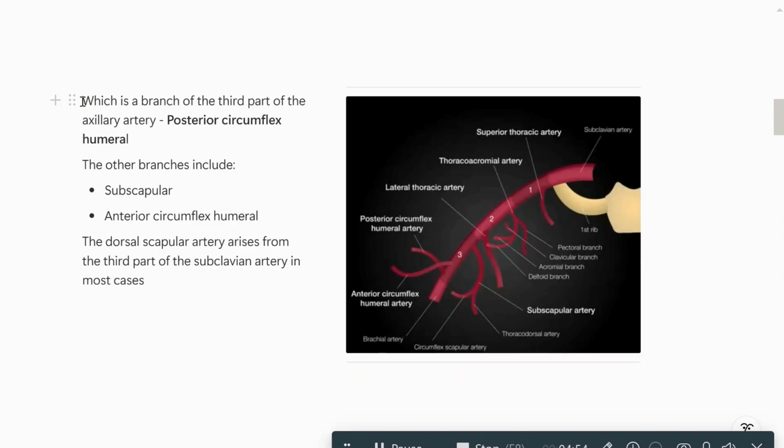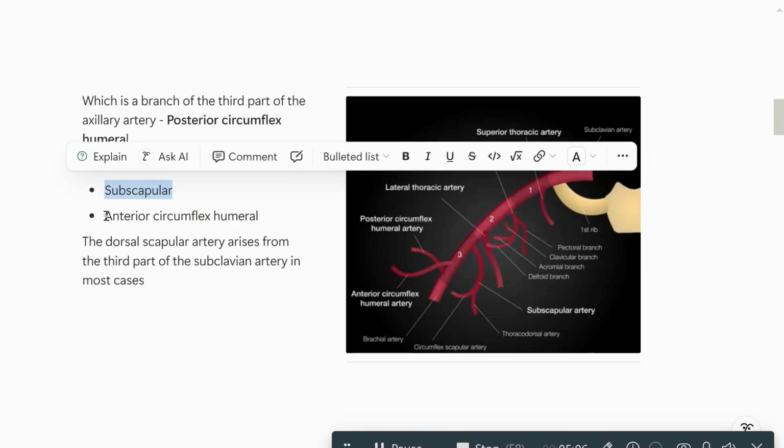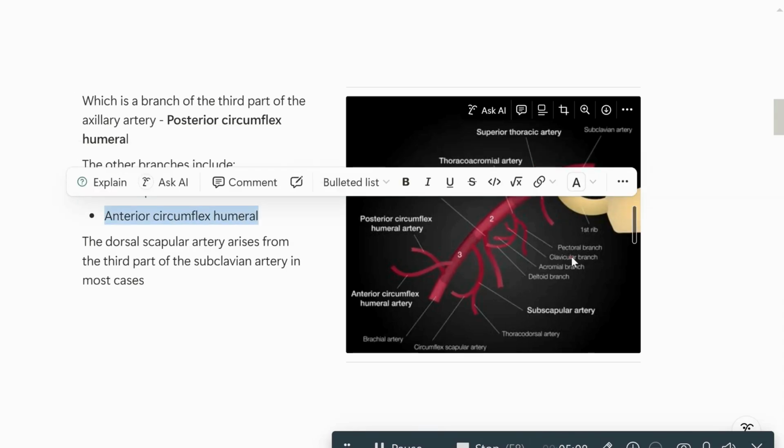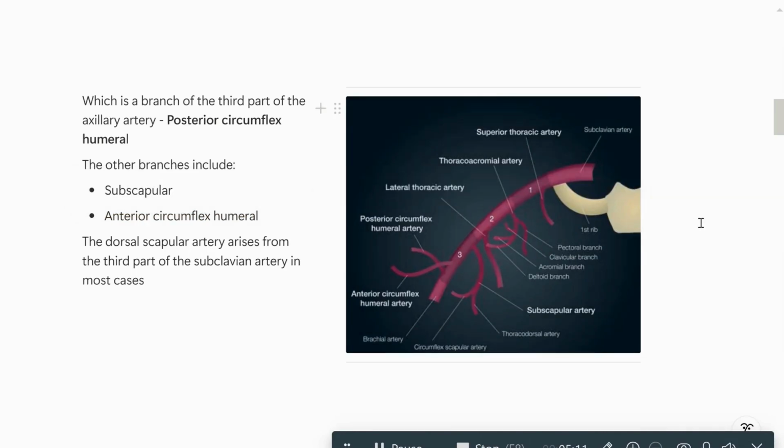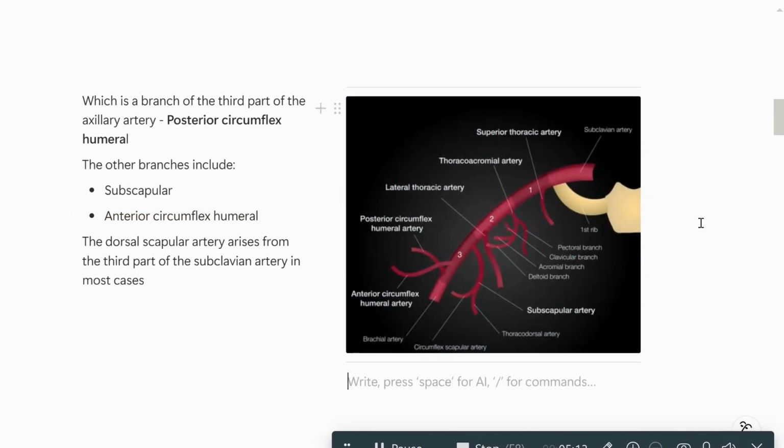The next statement asks which is a branch from the third part of the axillary artery. That is going to be the posterior circumflex humeral. Other branches include subscapular and anterior circumflex. As I have explained this in the arterial section, I will explain it again as well.